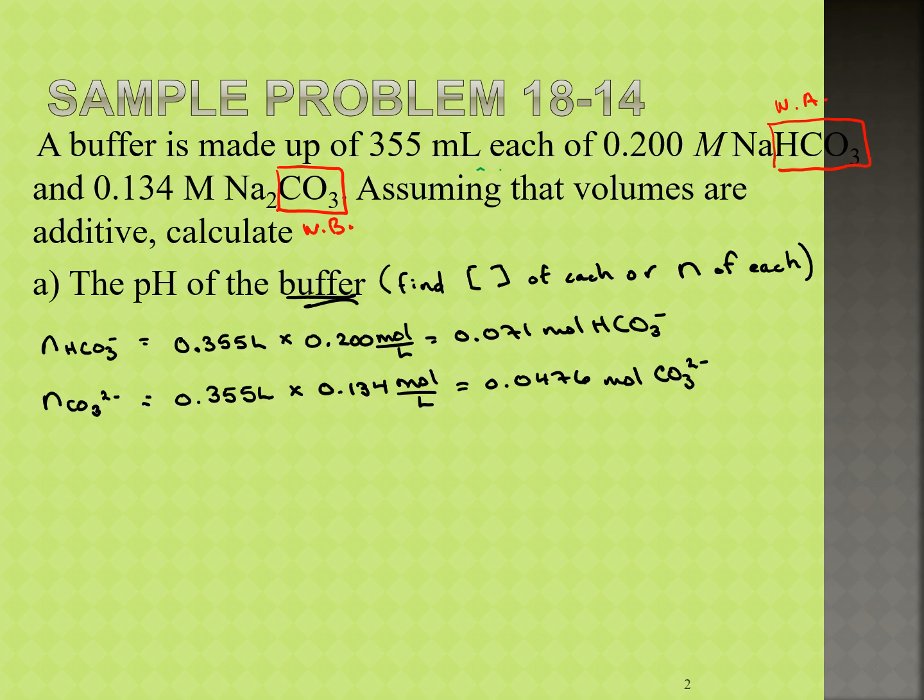So now I can plug into my equation, which is H plus is equal to my Ka times the number of moles of the acid part divided by the number of moles of the base part.